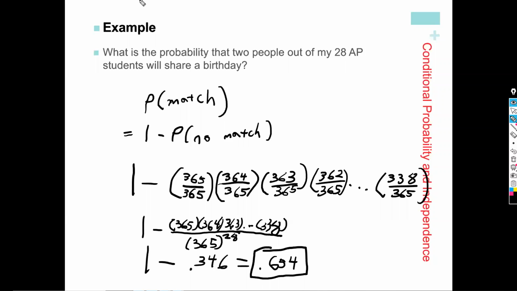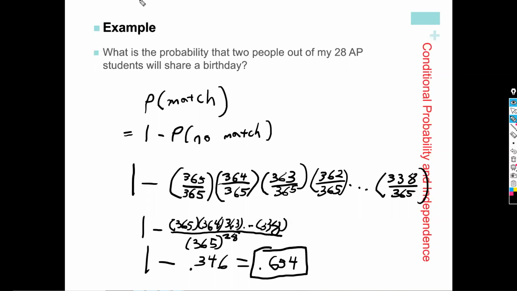So when I asked everybody what they thought the answer would be, they said about a little under 10%. Some people were saying 1%. But the answer is actually 65%.